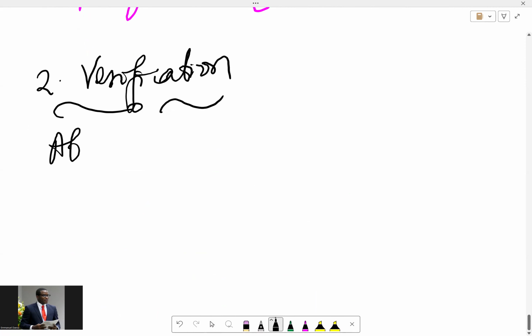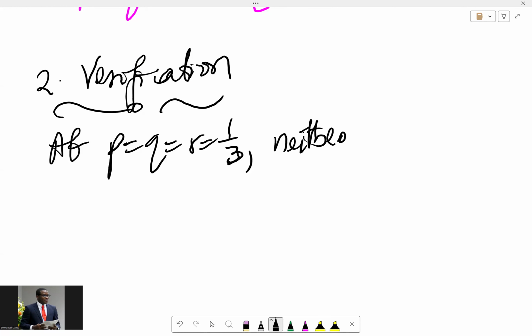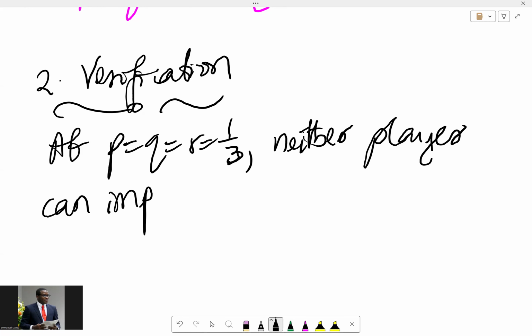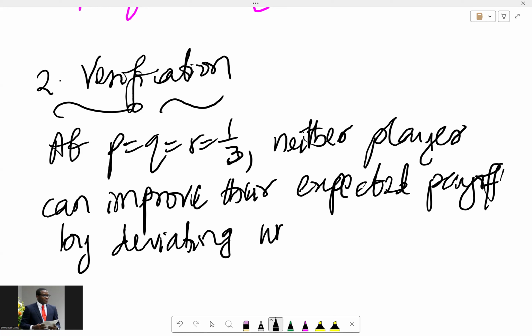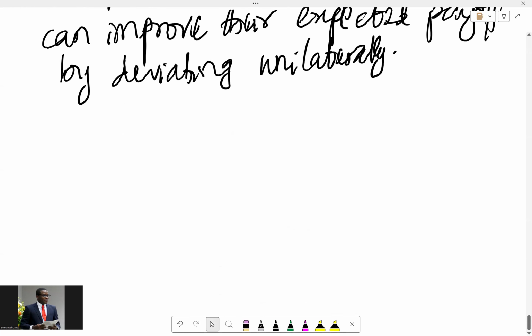So at P equals Q equals R equals 1 over 3, neither player can improve their expected payoff by deviating unilaterally. So that is what we get now.